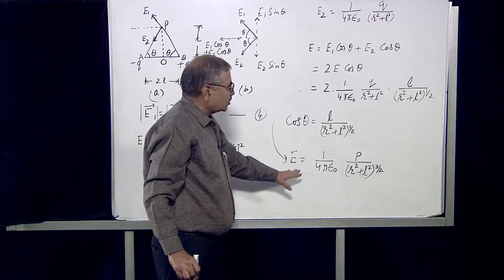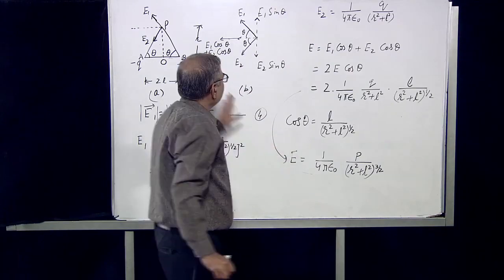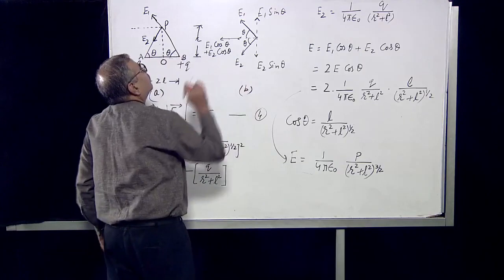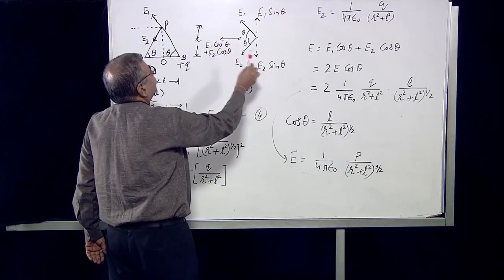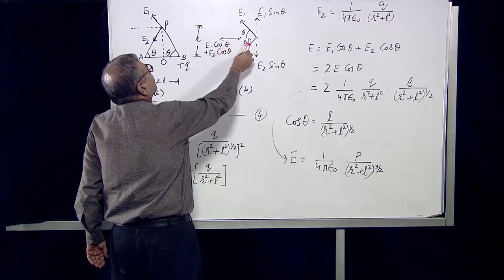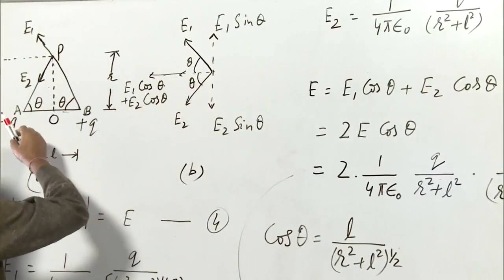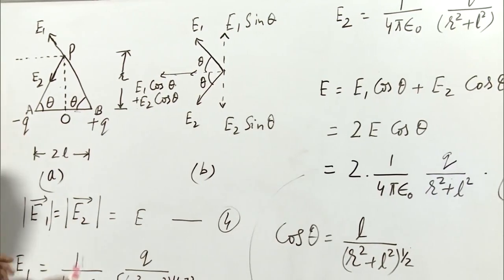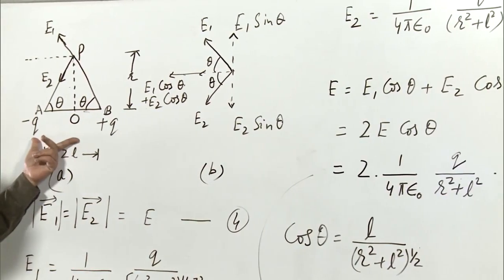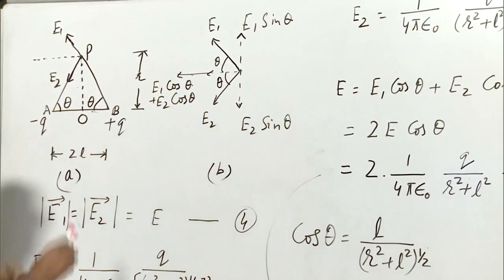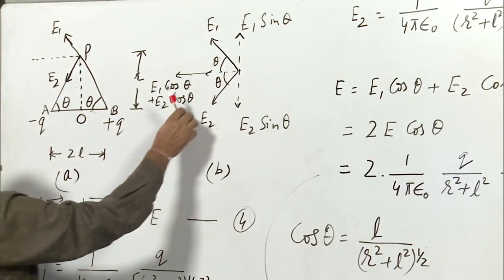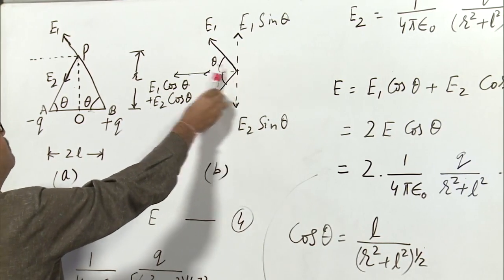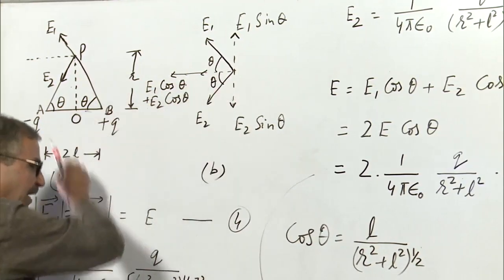Now, what will be the direction of this electric field? We again come to this figure B. You see that the direction of resultant electric field will be from right to left, means it is directed in a direction opposite to the P, because P is directed from minus Q to plus Q, and net electric field will be directed from right to left.